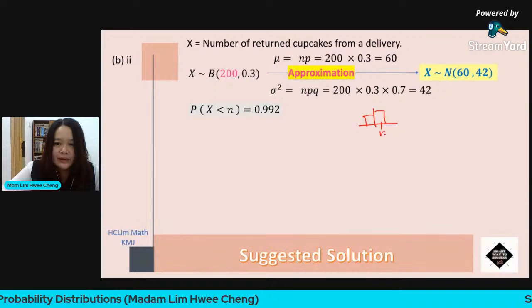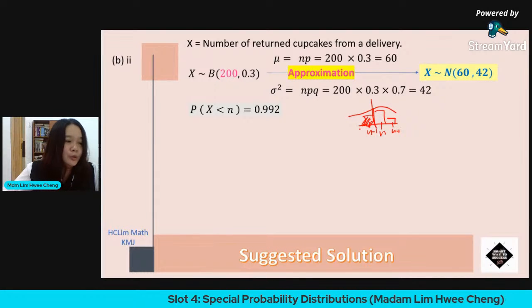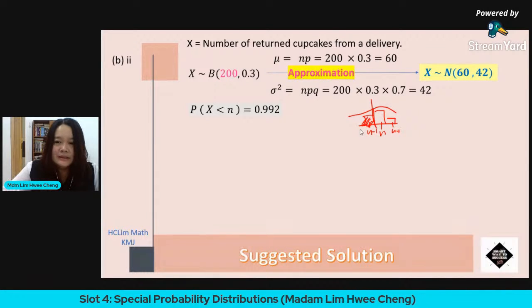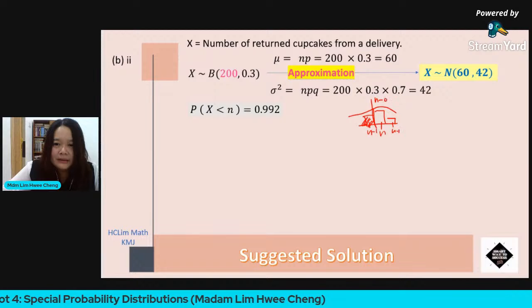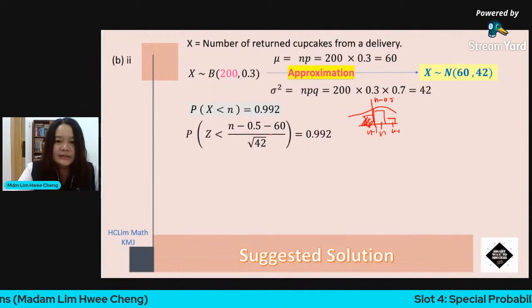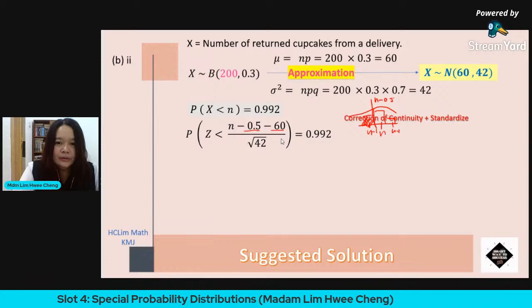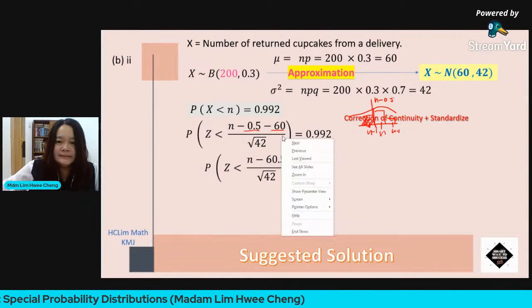So if you have n minus 1, n plus 1, less than n is here. So when we do the correction, it has to be n minus 0.5. And only then you standardize. Okay, this is the continuity correction, and this is standardized. Then only you do the calculations.